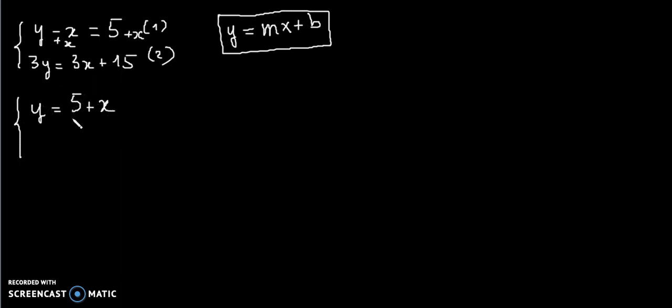A lot of you write this, and it's not wrong, but try to have a habit of organizing and rearranging it a little bit so that you can easily recognize it, because I guarantee that people will misunderstand and confuse and choose the slope as the number 5 and not 1.